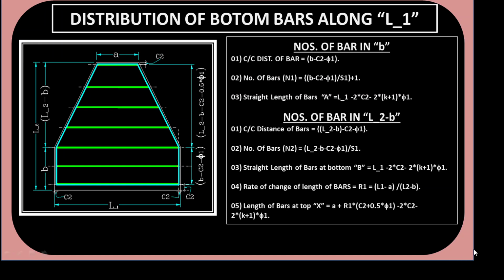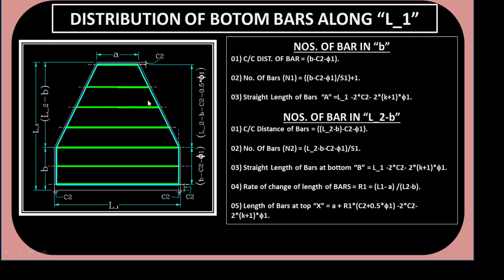Straight length of the bar at bottom, that is this bar, B is equal to L1 minus 2 side cover minus 2 into K plus 1 into phi 1. And the length is L1 and here it is A. So change in length is L1 minus A, divided by within this length, that is L2 minus B.